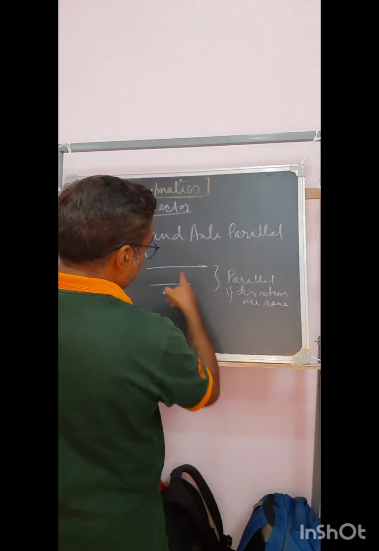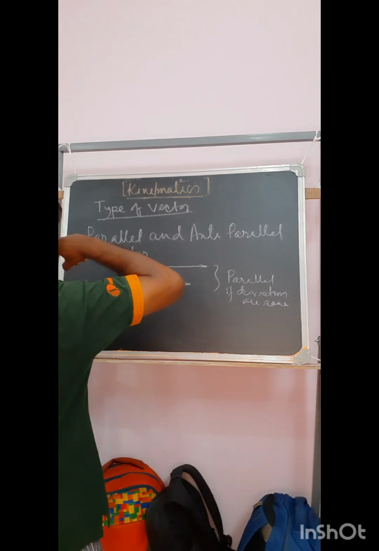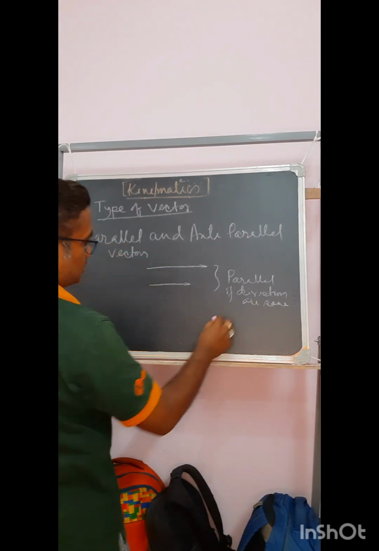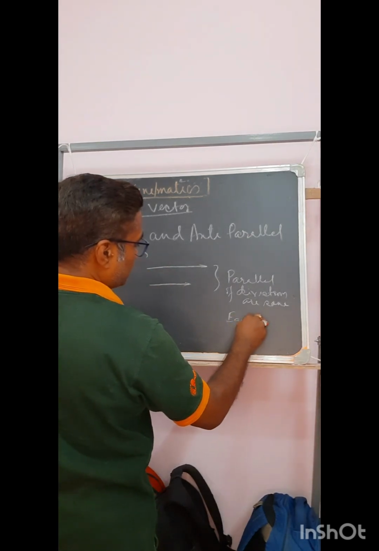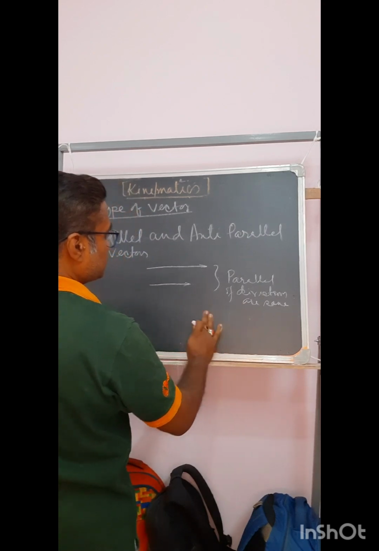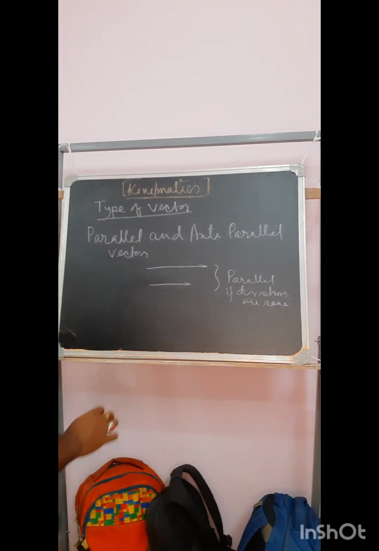Because if magnitudes are the same, they fall into a single category, that is equal vectors. So except for equal vectors, all parallel vectors have different magnitudes.